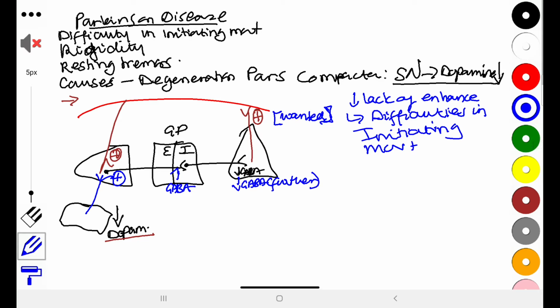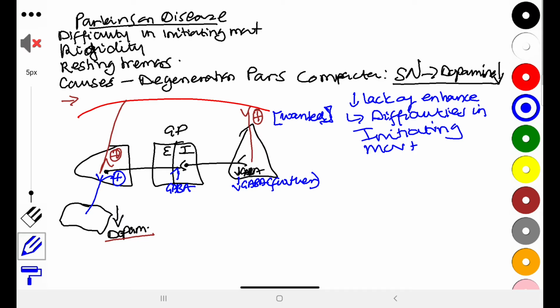Can the direct pathway do it on its own? It seems to be more amplified when there's dopamine in play. So you see that the difficulty in initiating movement is very valid in this case.